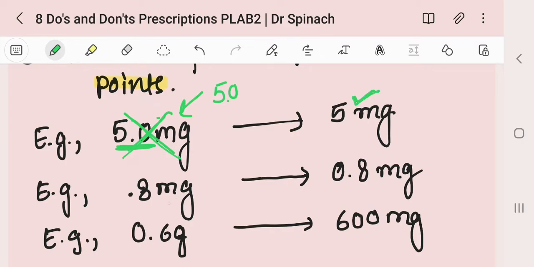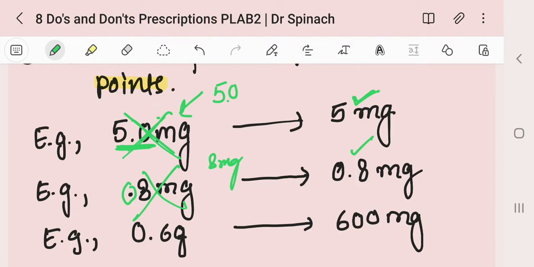Now, if the drug has a very low dose, less than 1 milligram, for example, then you should not write it as 0.8 with a trailing zero, but rather you should write it as 0.8 with a leading zero, because if this point is invisible to the person who is administering the medication, they may give the wrong dose, that is 8 milligram instead of 0.8.